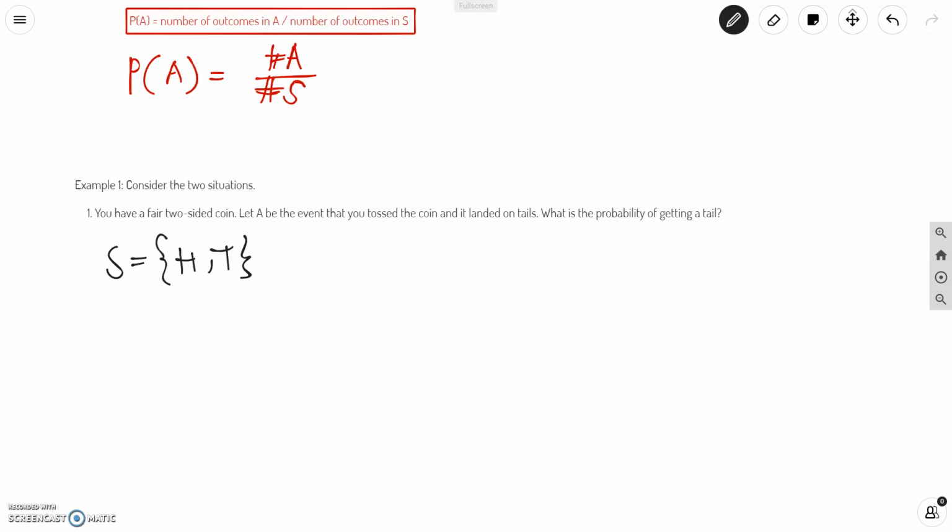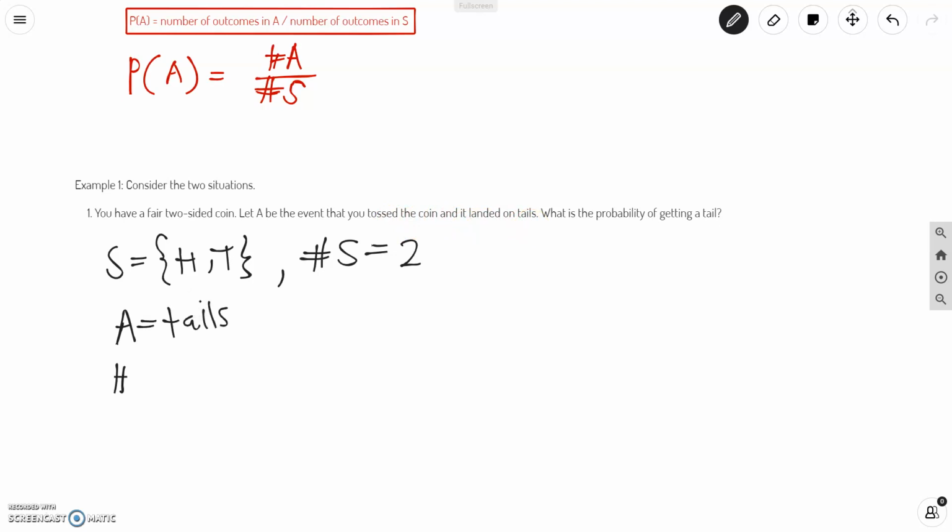The second thing to do is determine the number of outcomes in S. Since we have written out our sample space already, we know that the number of outcomes in S is 2. We know that A is the event that the coin lands on tails, so let me just define that as A equals tails.